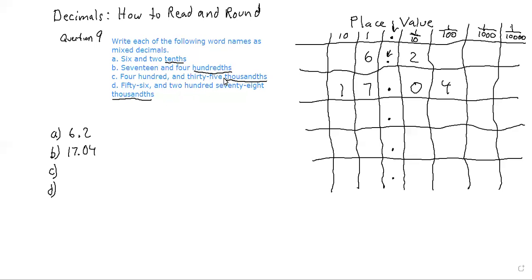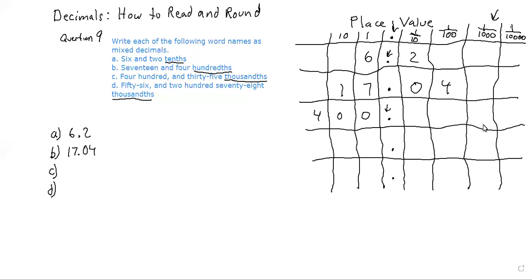Now we're going to do the next one. This one says 400. That's the whole number, and it's going to go to the left of the decimal point. To the left of that, we're going to write 400. And now after the "and" comes the decimal part: 35 thousandths. So we're going to go to the thousandths place, which is right here, and that's where the last digit is going to be.